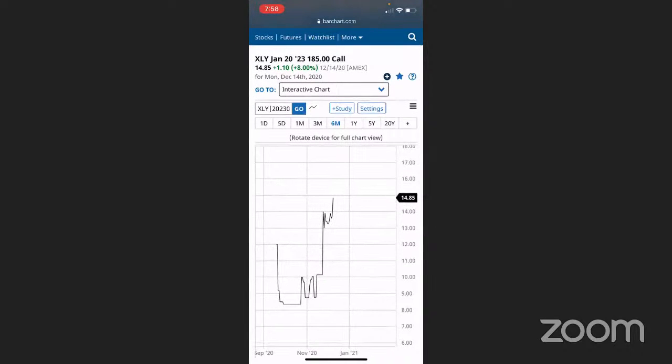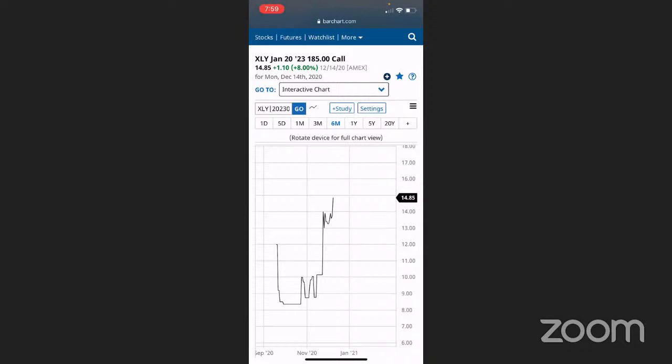We might wait for a pullback, but you still have to think fundamentally about what's driving XLY right now. XLY has Tesla coming into the ETF on December 18th. It has Amazon's, Nike's, McDonald's, and Home Depot's earnings coming up for Q4.